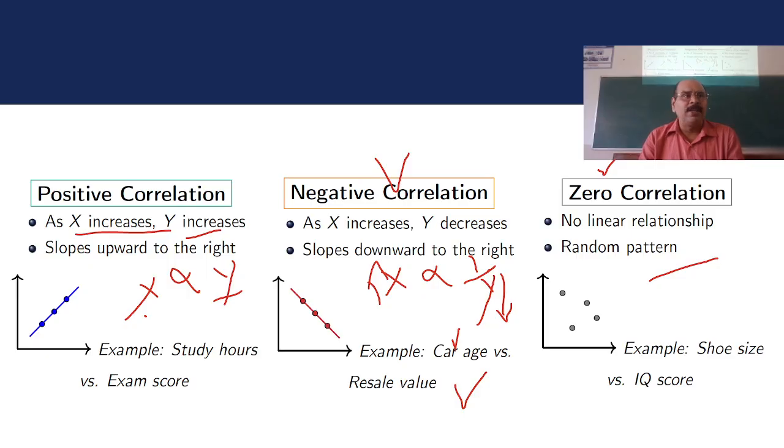Or the dress you wear compared with the marks you score. There is no relationship at all. Whatever dress you wear, you score good marks. Is that clear? Whatever happens to x, there is no connection between x and y.